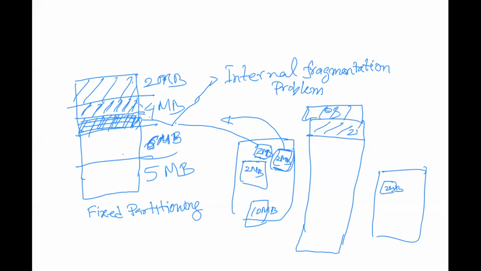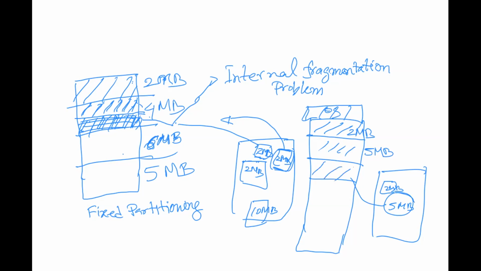And again, if you create a process of 5 MB, then 5 MB will be accommodated here. In here you didn't actually make a partitioning. It depends on the process size. When you create the process, it will take the space from your RAM, from your memory.